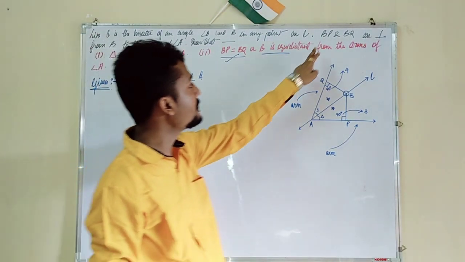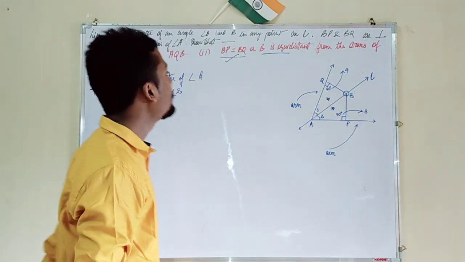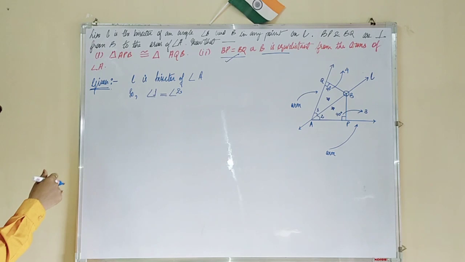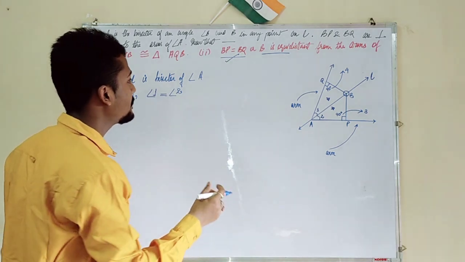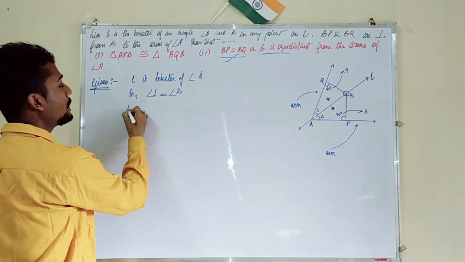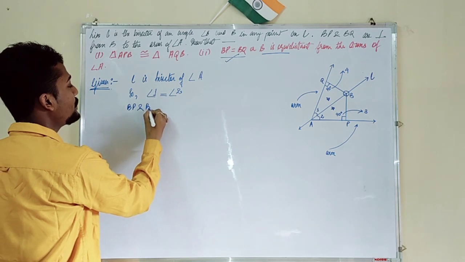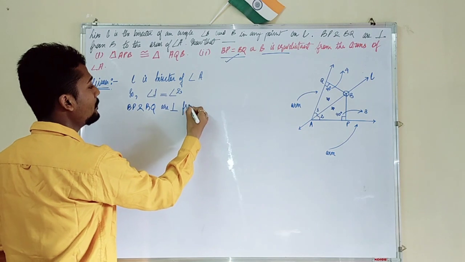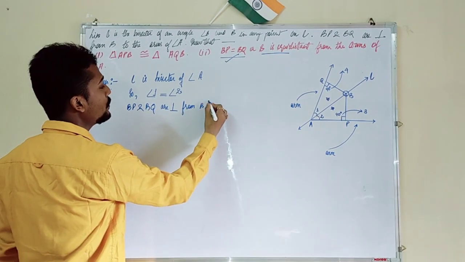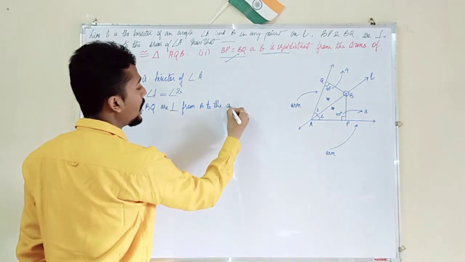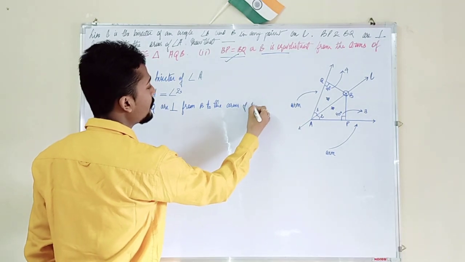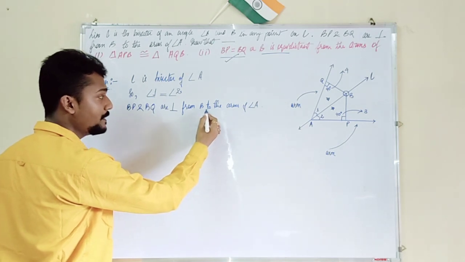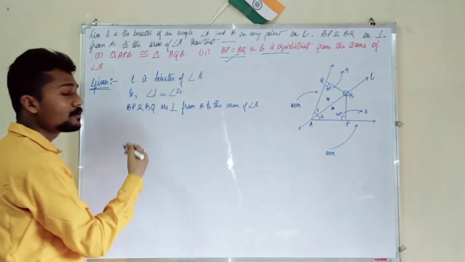So what is written next? BP and BQ are perpendicular from B to the arms of angle A. So what can I write?